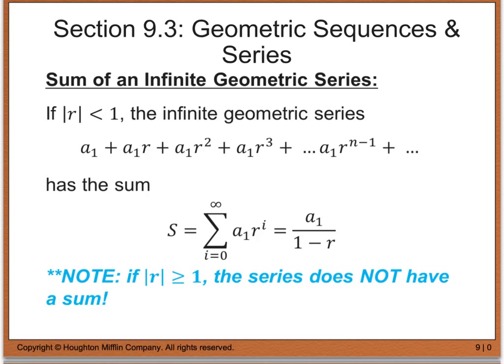Notice here we're starting out at i equals 0 and going to infinity. I'm going to take my first term and divide it by 1 minus my r, or my constant ratio. If that r value is greater than 1, then the series does not have a sum. So you do have to pay attention to what your r value is.